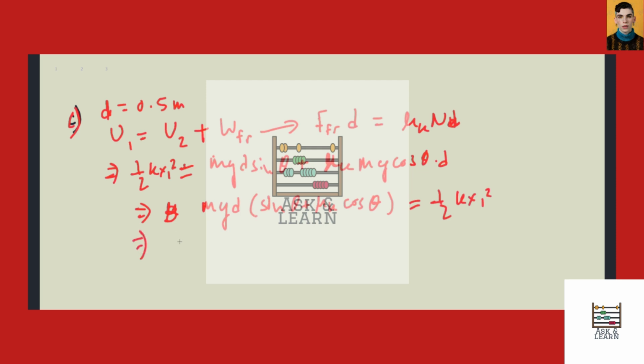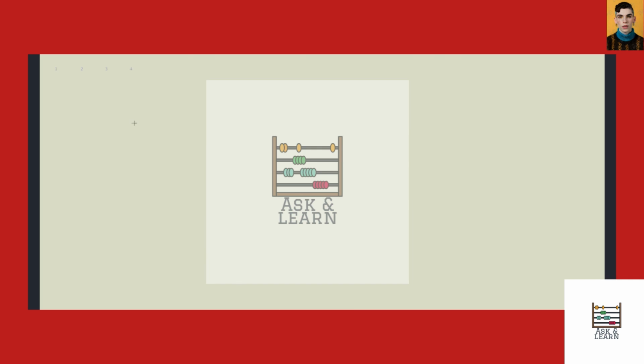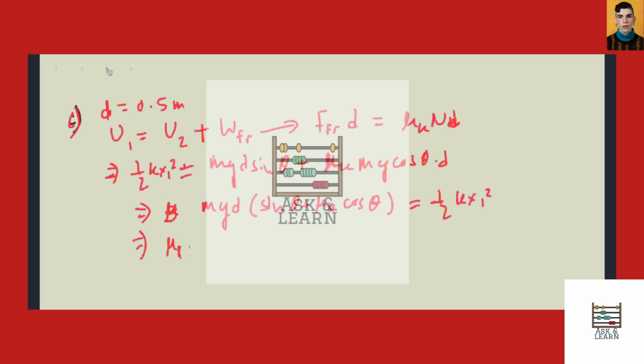Therefore, mu sub k cosine theta will be k x1 squared over 2mgd minus sine theta. Therefore, divide both sides by cosine theta, you get mu sub k is k x1 squared over 2mgd cosine theta, minus sine theta over cosine theta, which as we know is tan theta.